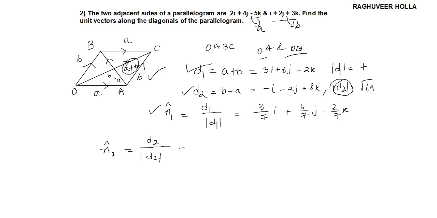That would be minus i by root 69, and minus 2j by root 69, and I get 8 by root 69 k. So that's the required answer. I hope you understood this.